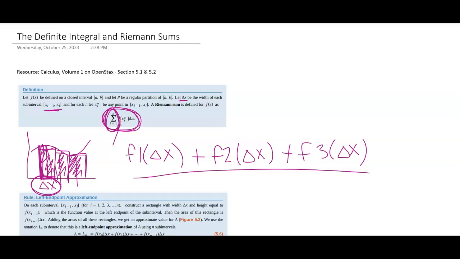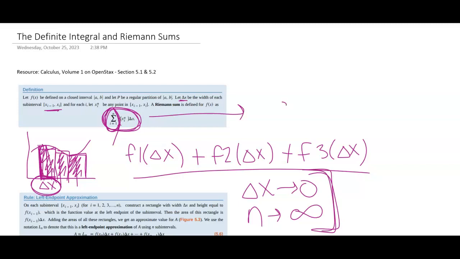In fact, if we let delta x get really, really ridiculously small, or if we let the number of rectangles go to infinity, both of these things meaning the same thing, then this summation gives us that smooth area that we want for a definite integral.